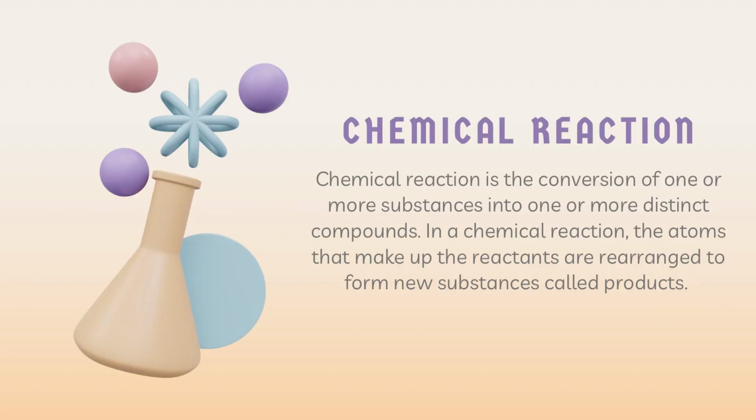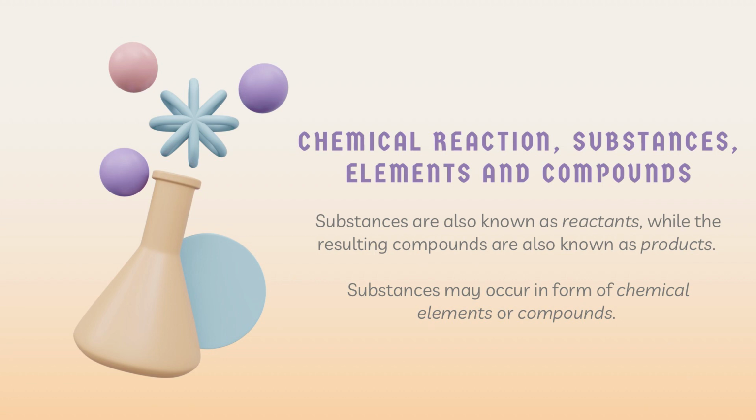First of all, what do we mean by chemical reaction? Chemical reaction is a conversion of one or more substances into one or more distinct compounds. In a chemical reaction, the atoms that make up the reactants are rearranged to form new substances, called products. Now, how are such terms associated with each other?